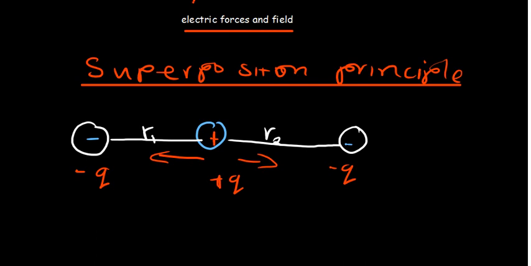We can calculate these separately. Let me label them: this is 1, 2, then this one 3.